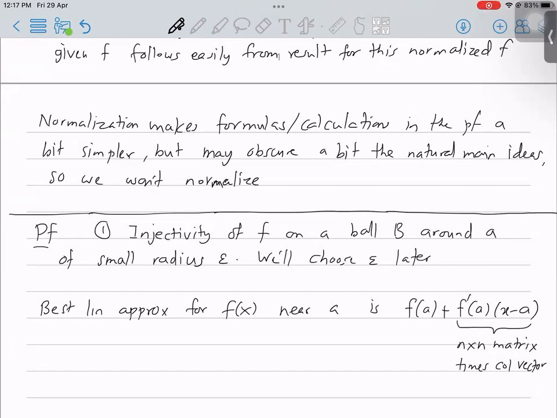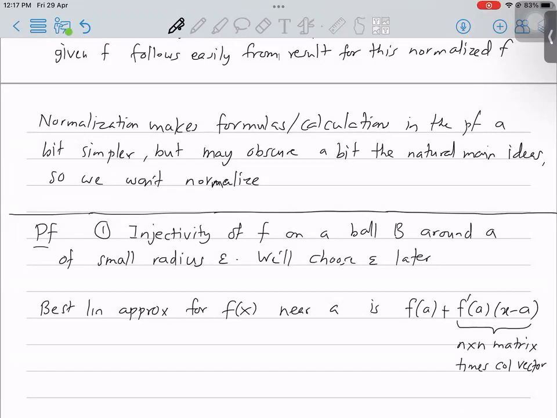So the idea is that if the result is obvious for such functions, then the given function is maybe not too far away from this function in a small neighborhood. So let us examine the difference. Let us examine the remainder, and hopefully we can show that the remainder is small enough so that the desired properties are not violated by this small diversion.